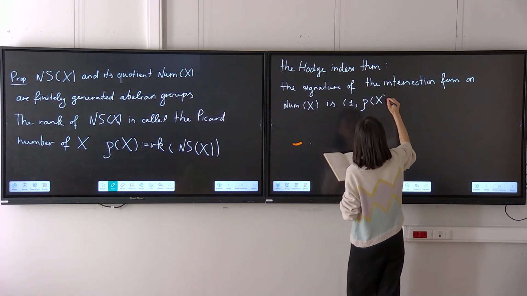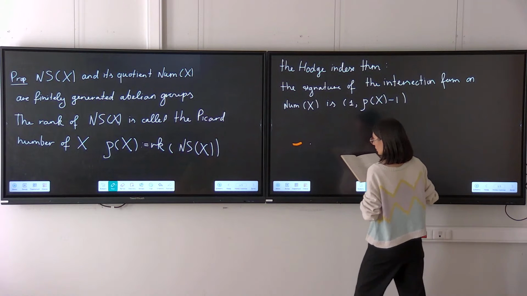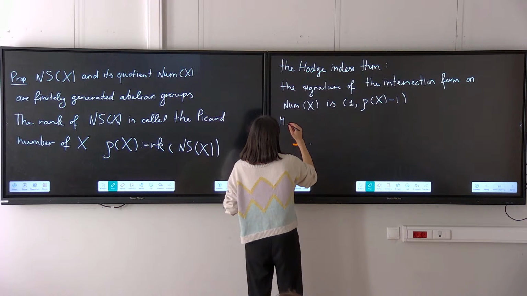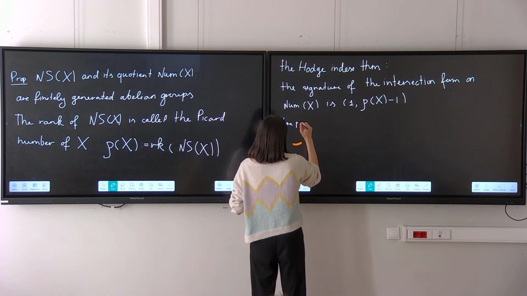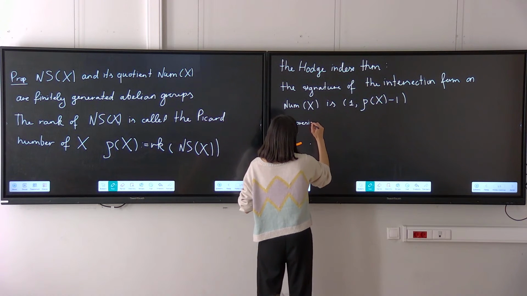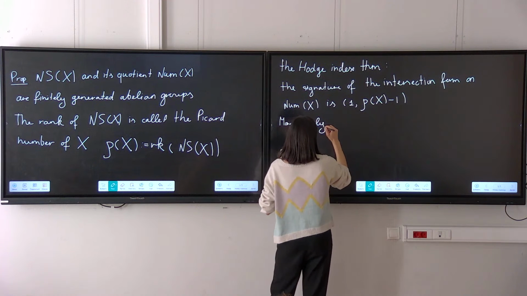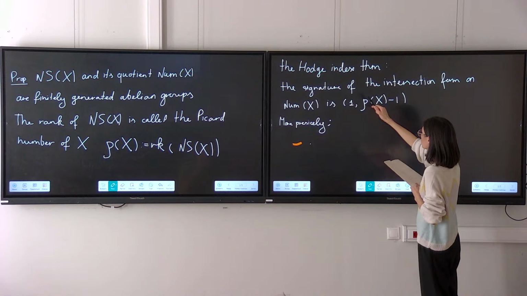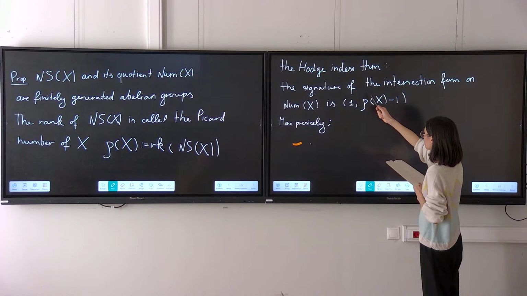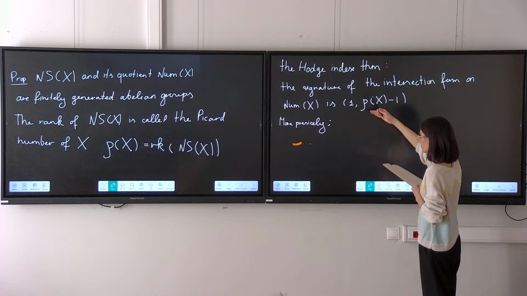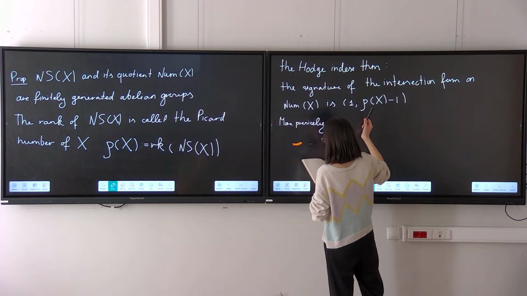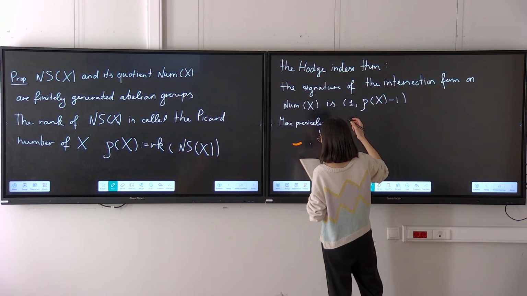So maybe let me also formulate it more precisely, the statement, because here we don't understand why we need our surface to be projective. So let me give a more precise statement of the Hodge index theorem.